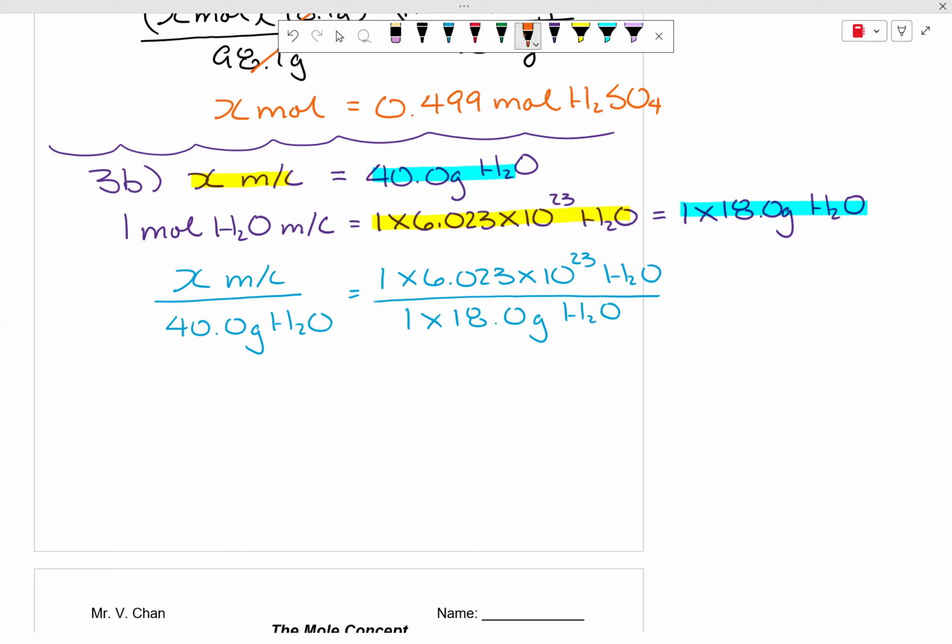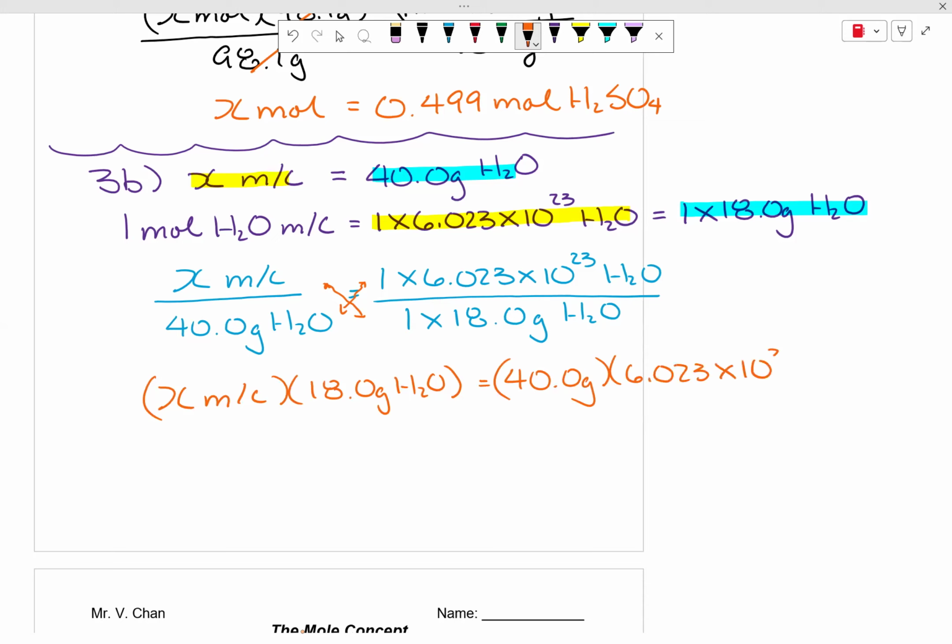Again, what we can do is cross multiply. So X molecules times 18.0 grams of H2O is equal to 40.0 grams times 6.023 times 10 to the 23.